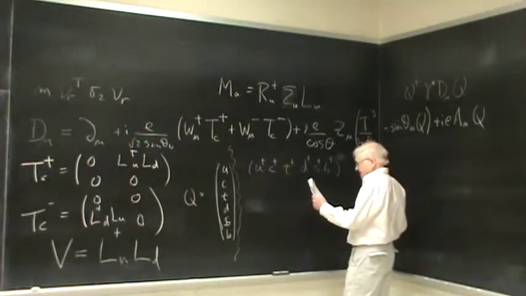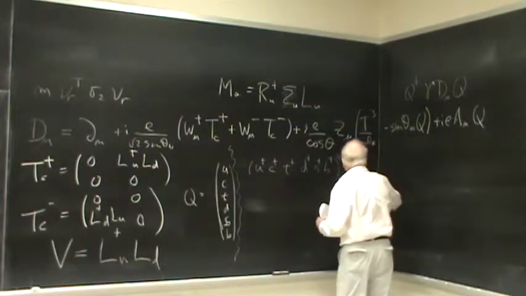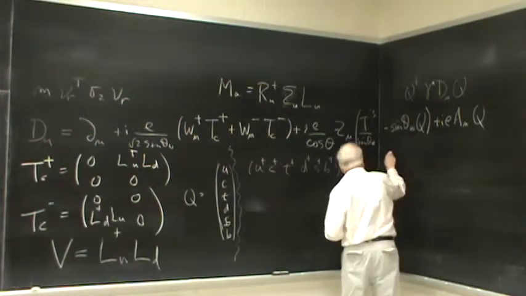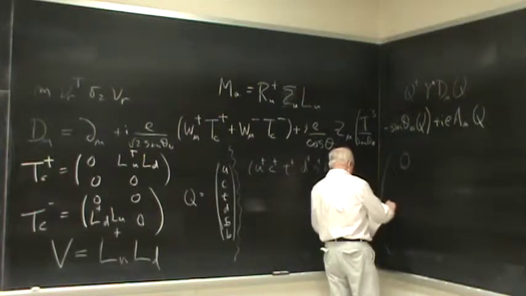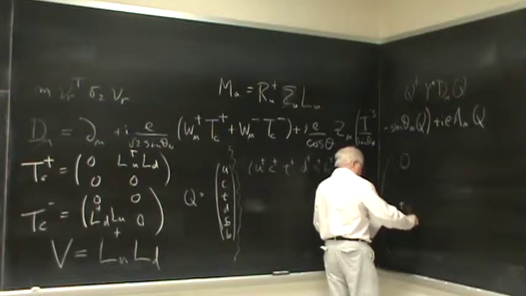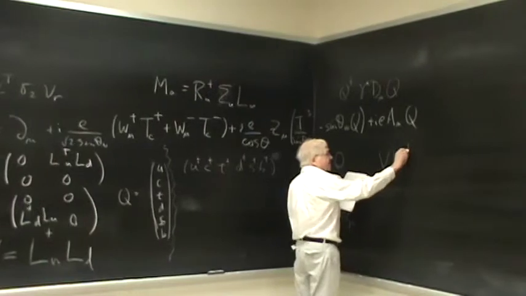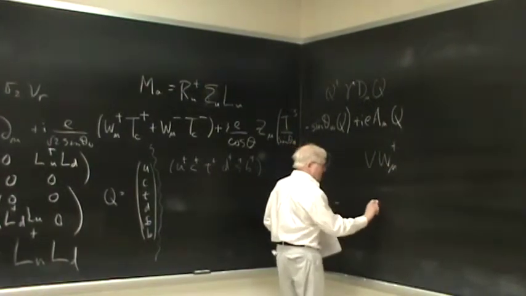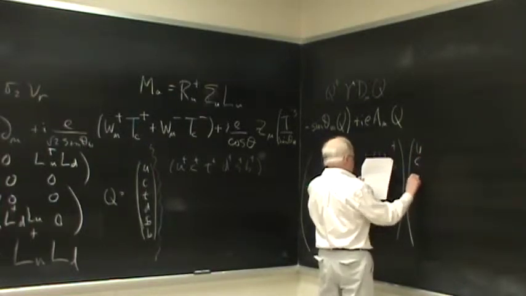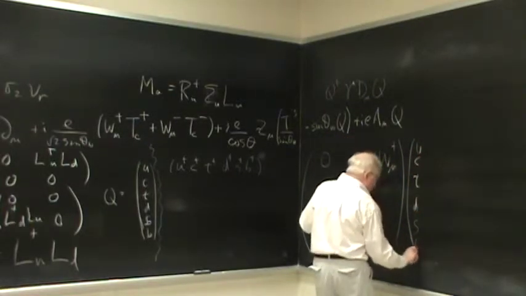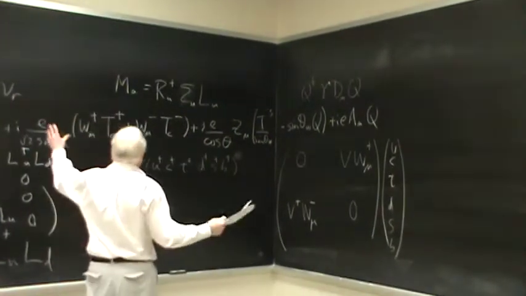Okay. And then we have a matrix, and the matrix here is 0, V dagger W minus mu, V W plus mu, 0, and then U, C, T, D, S, B. So that's what this looks like.